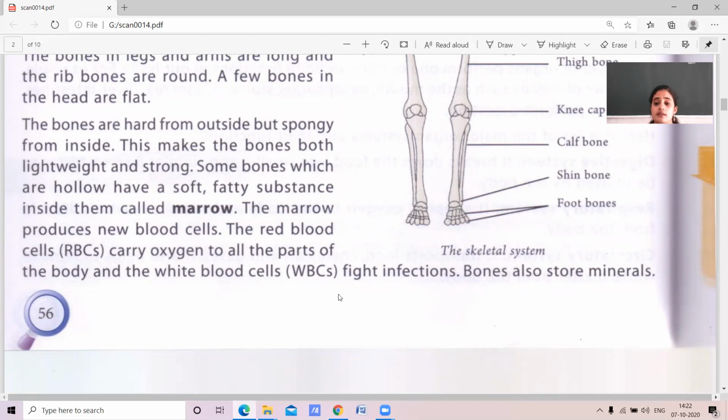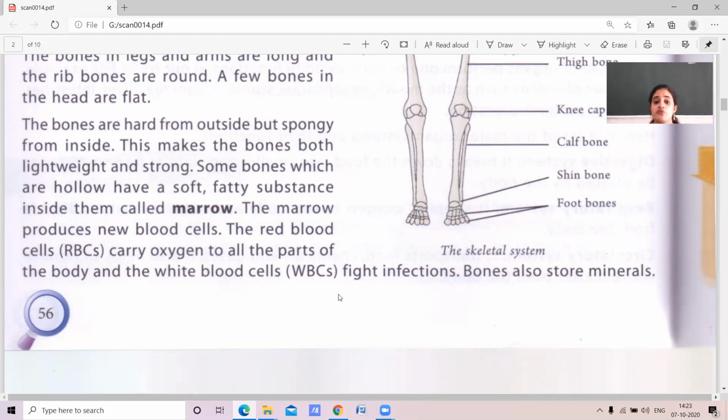That is the red blood cells, which carry oxygen to all parts of the body. Our body has red blood cells and white blood cells.